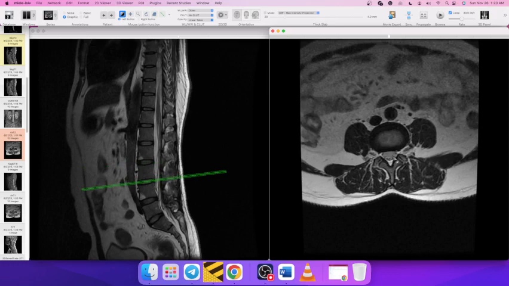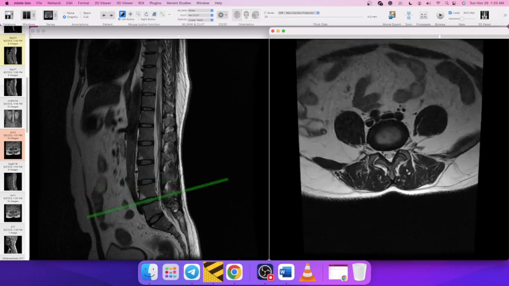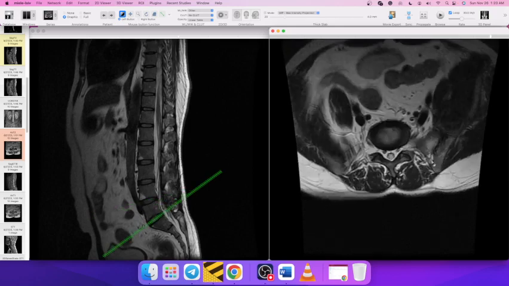Now here, I can see that there is a mild posterior disc bulge abutting the thecal sac, but the exiting foramina look great. So there's actually not much happening here, just a mild disc bulge abutting the thecal sac. And here we can see that there is mild compression of the thecal sac and the exiting foramina, compared to the previous disc space.